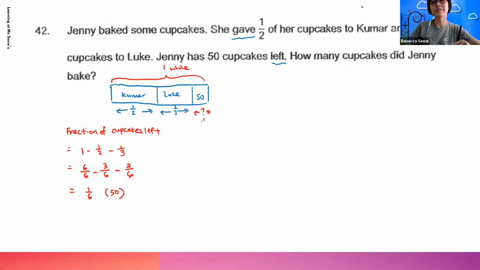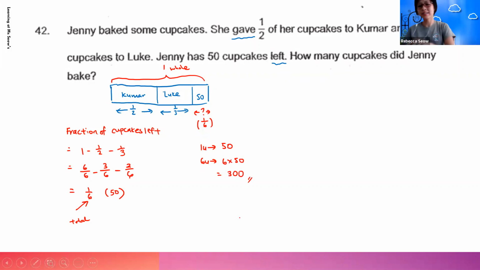So we have the fraction represented by 50 cupcakes. How many cupcakes did Jenny bake? If 1 unit of cupcakes makes 50, that means 6 units of cupcakes, 6 being the total because 6 is the denominator, would be 6 times 50. So that makes 300 cupcakes. That's the answer to the question.